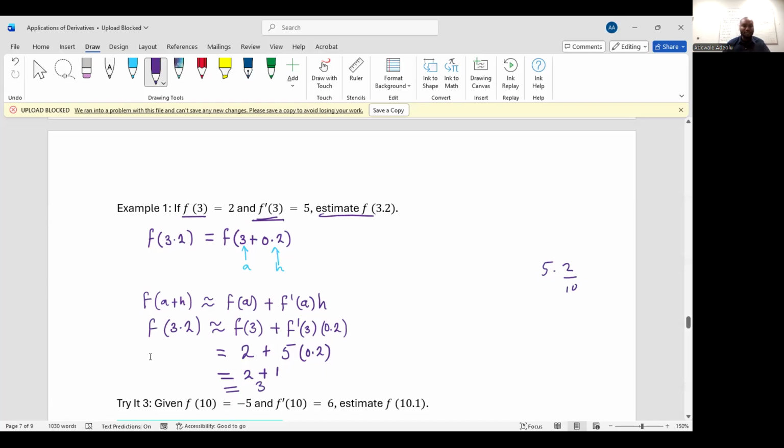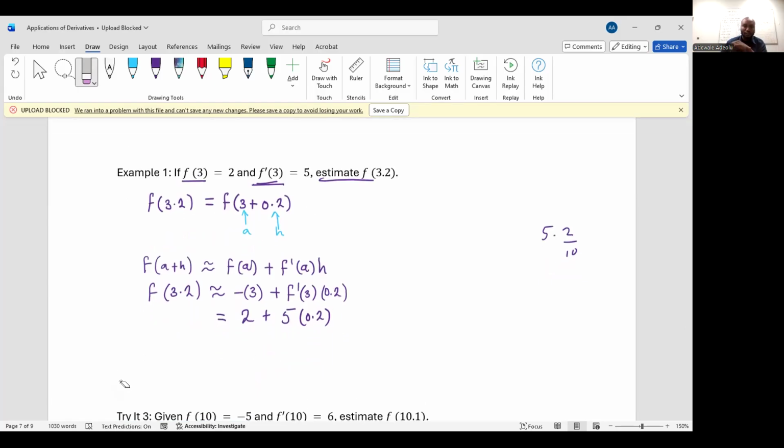So what we are saying is that f of 3.2 is approximately equal to 3.